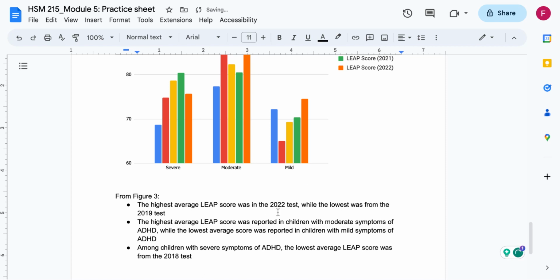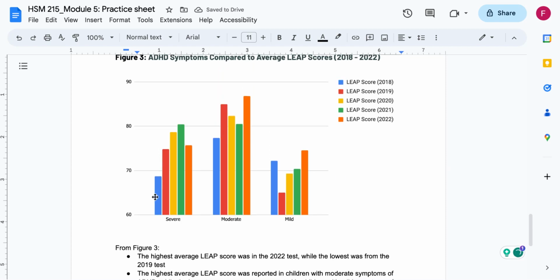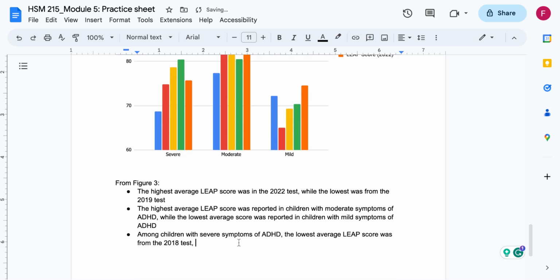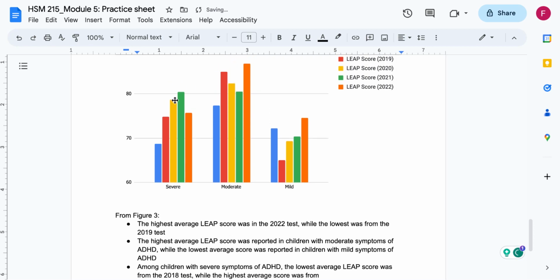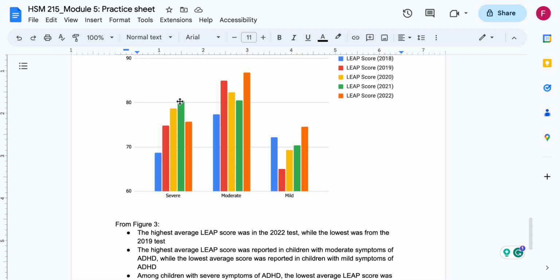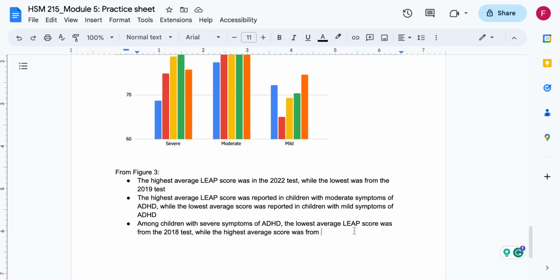The reason is, remember, 2018 is green and this is the lowest, while the highest average score is for children that have severe symptoms. The highest is from the 2021 test.